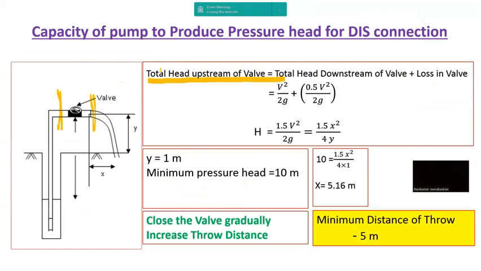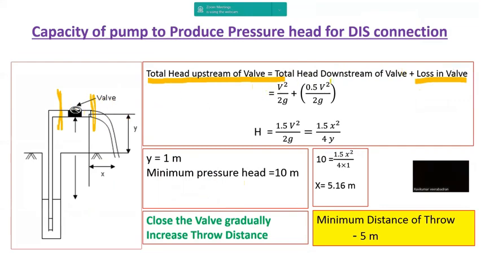It means that the energy upstream and the energy downstream of the valve are the same, because energy can neither be created nor destroyed. So whatever energy loss happens in between also has to be accounted for. So total head upstream of the valve is equal to total head downstream of the valve plus loss in the valve.